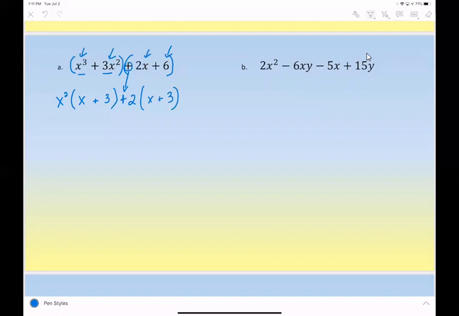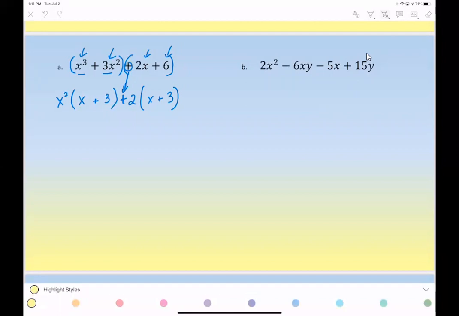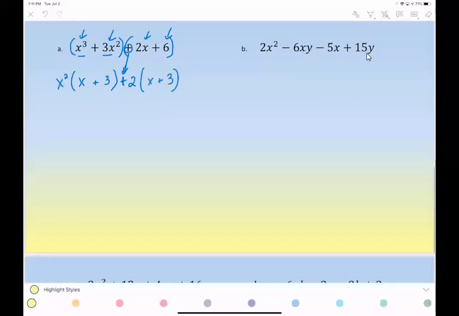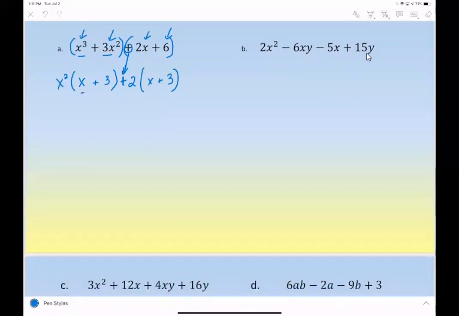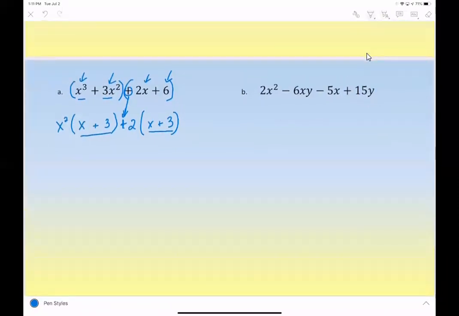We still haven't got it to where it's all multiplication yet because I've got this plus here, so it's still addition. Now notice that in the parentheses, the x plus 3 and the x plus 3 are common in both of those terms.